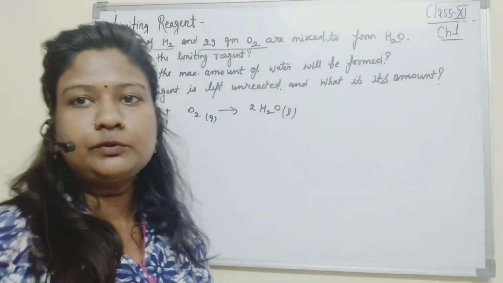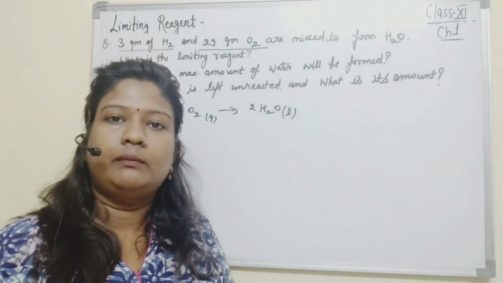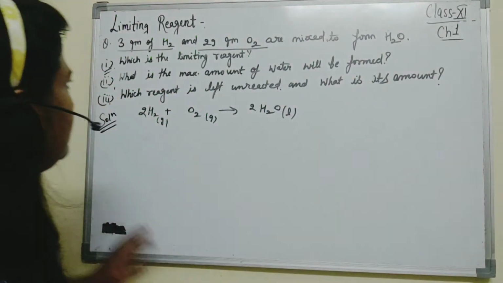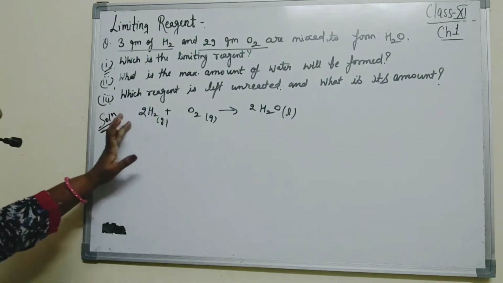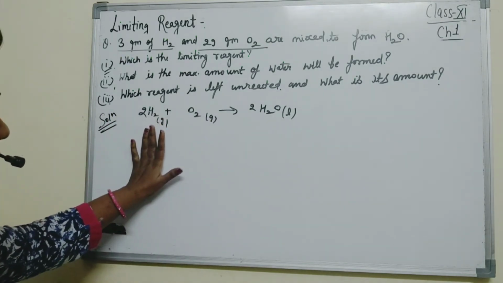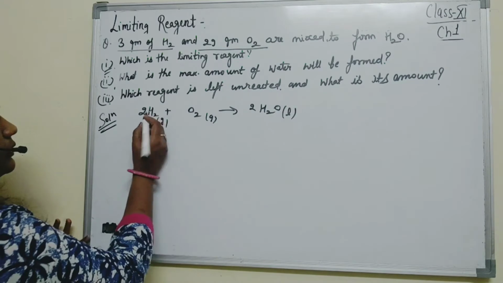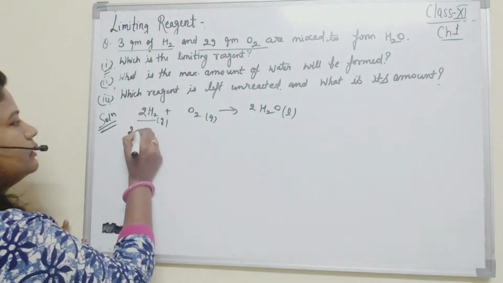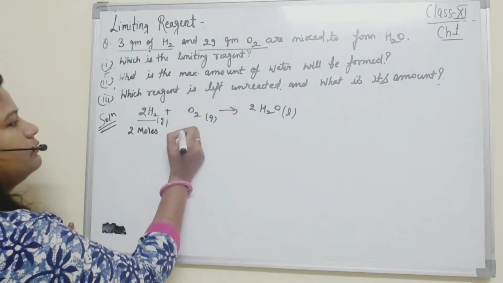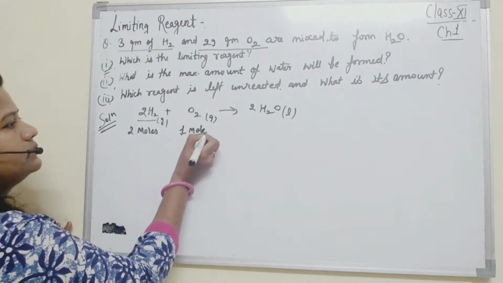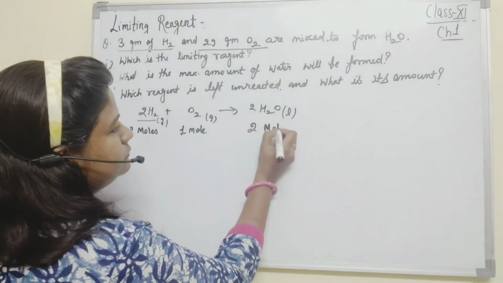First of all, we have to write the equation, then we have to balance it. Now we will see how many moles or grams are present here. 2 moles of hydrogen, 1 mole of oxygen, 2 moles of water.